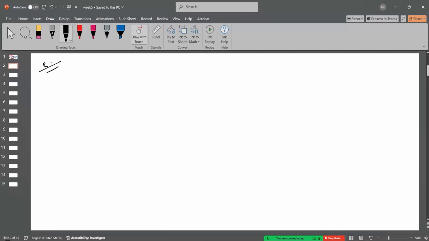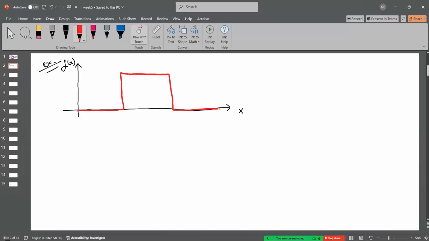For example, the example can be given just like this one. If we have any signal, x and f(x) can be given in here, and maybe we have a square signal in here, just like this one.